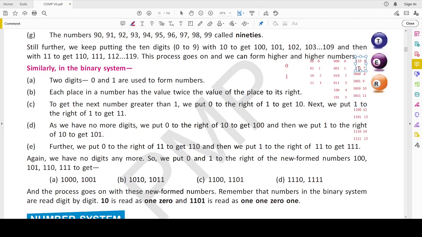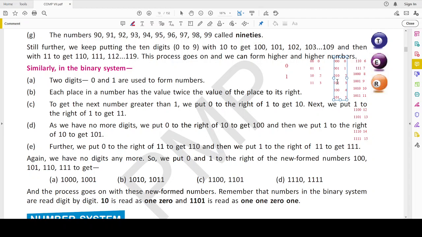Now up to this we have finished all the representations using 3 bits, that is up to 111. We have finished all the 3-bit representations, 000 to 111.